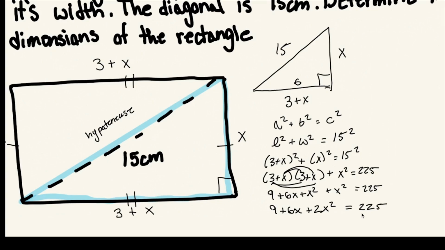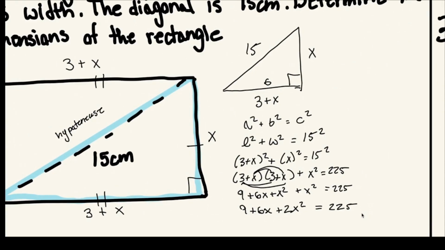Now, how can we further simplify this in order to solve for x? What you have learned also is to collect like terms. So when we collect like terms, the only like terms we have in this equation are 9 and 225.